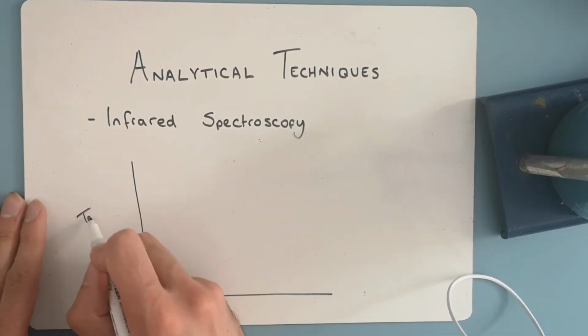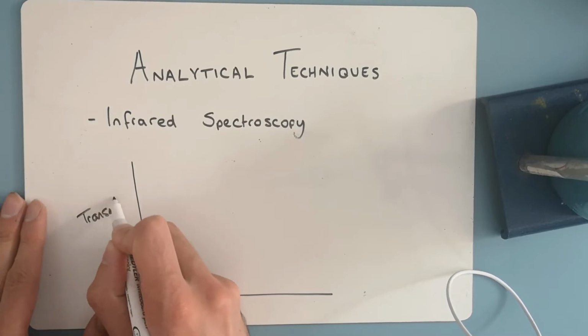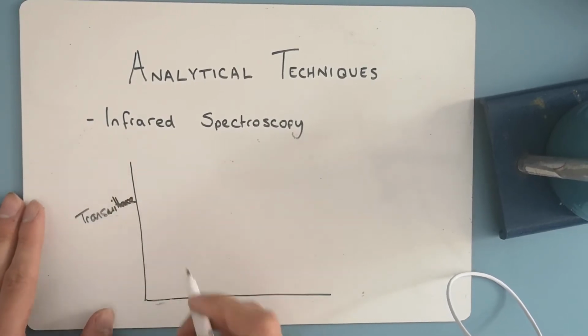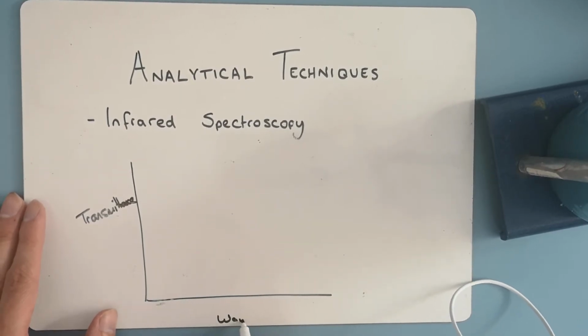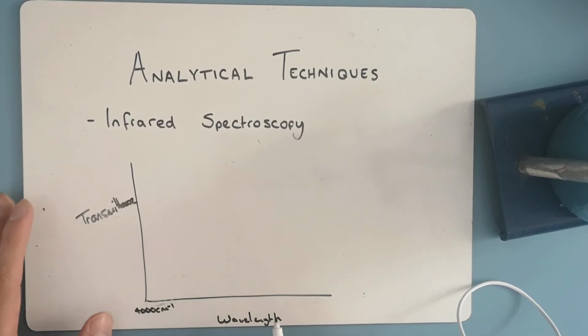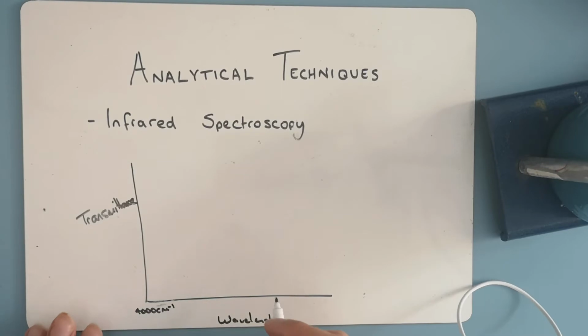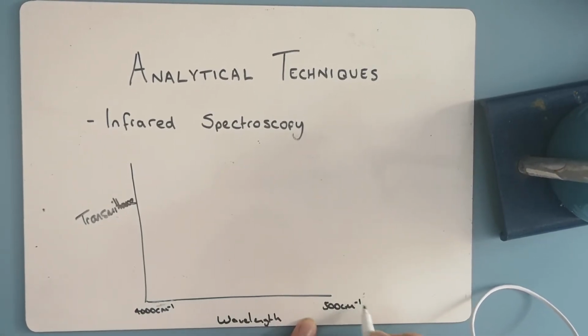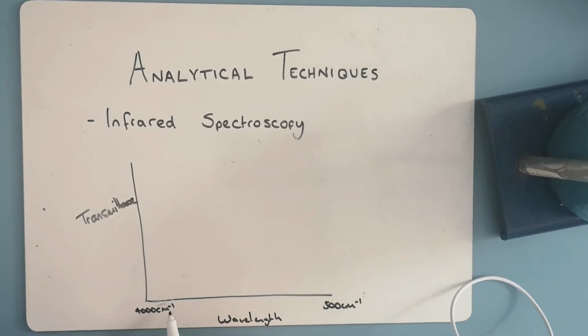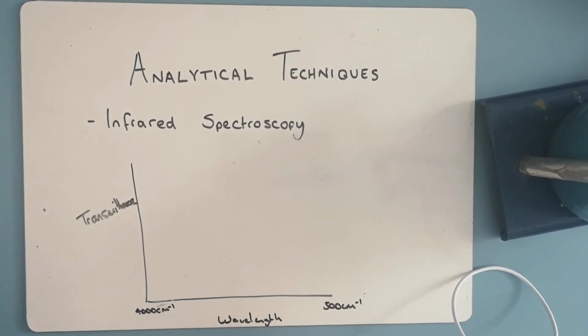That will be its transmittance, which tells us how much of the infrared light gets through against the wavenumber. Infrared operates between 4000 centimeters to the minus 1 and 500 centimeters to the minus 1, so 1 over 4,000 and 1 over 500.